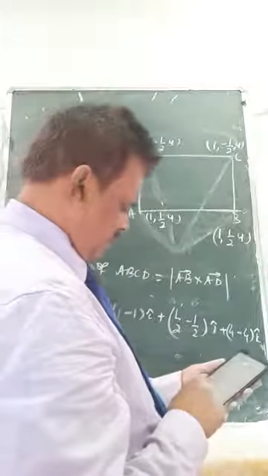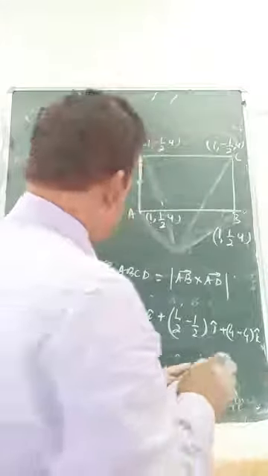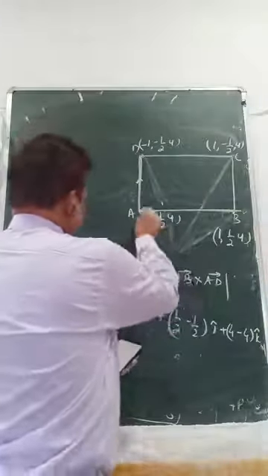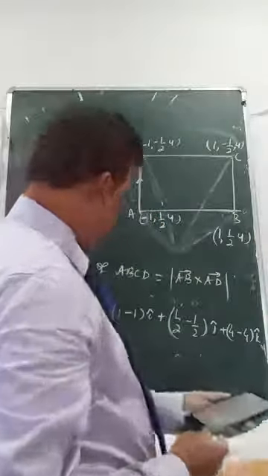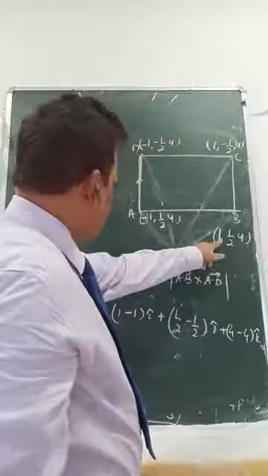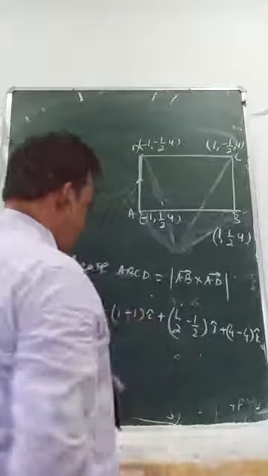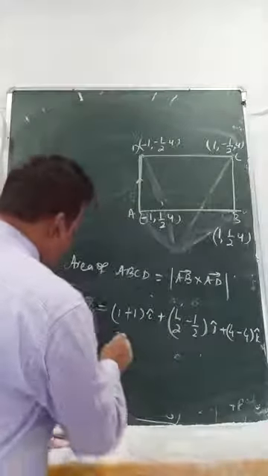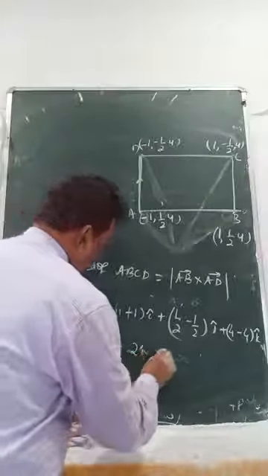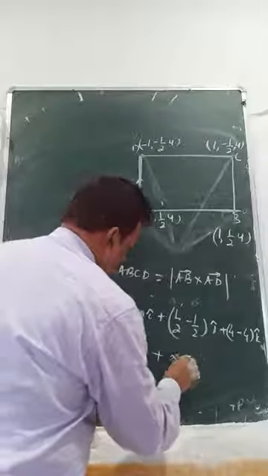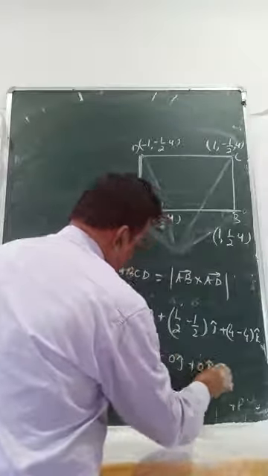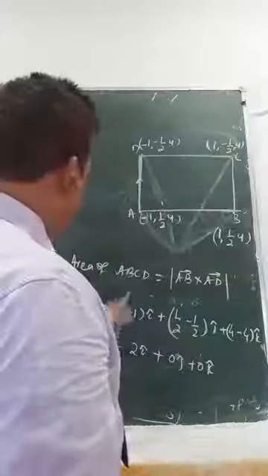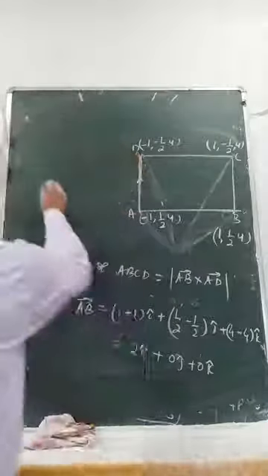So 1 minus minus 1, minus plus, so that will be 2i plus 0j plus 0k. What is AD now?